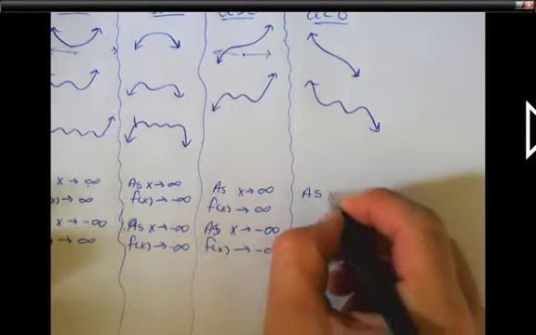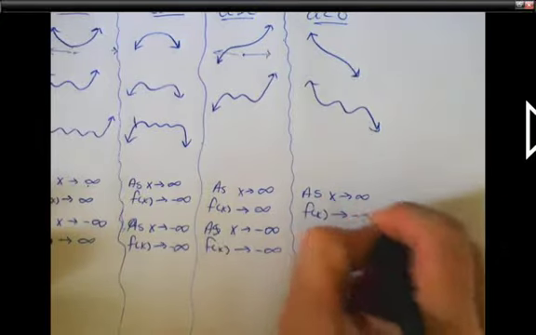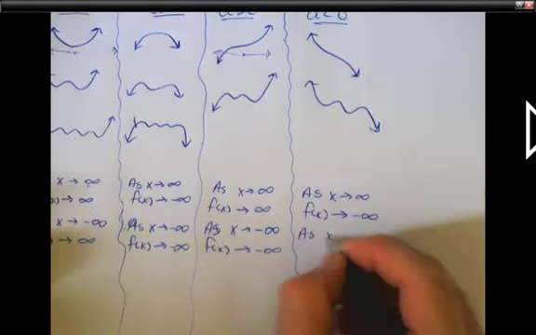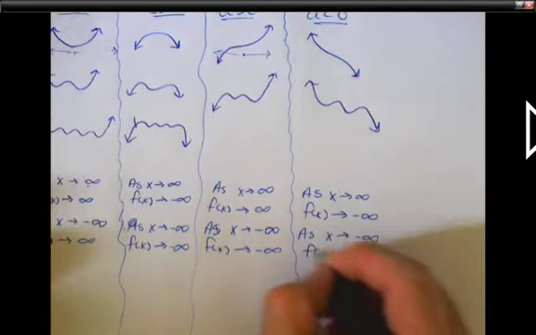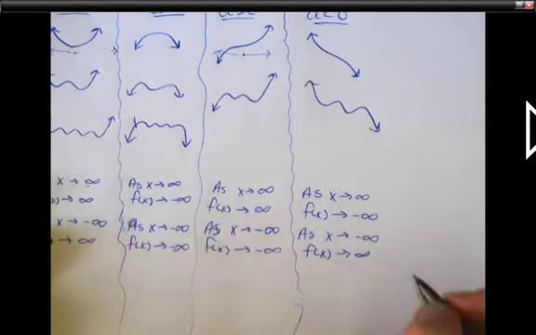And filling this out, as x goes to infinity, f of x goes to negative infinity, and as x goes to negative infinity, f of x goes to positive infinity.